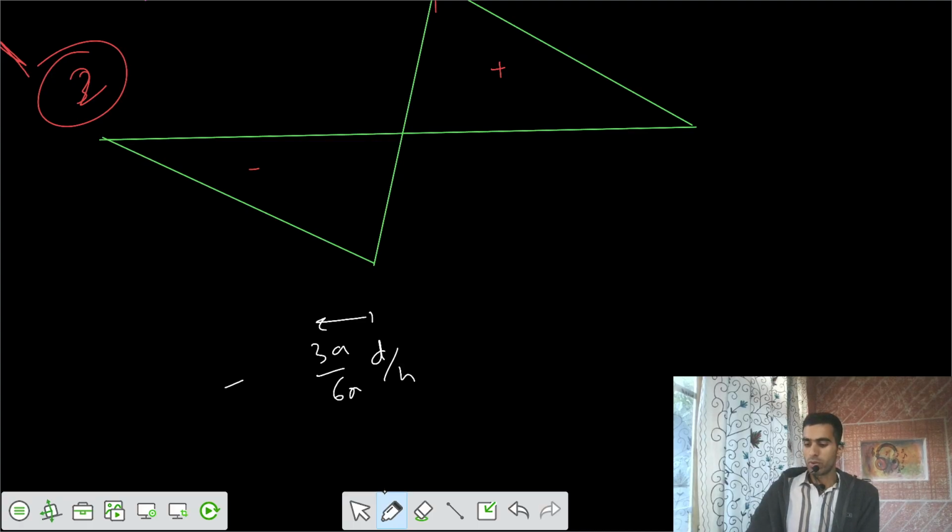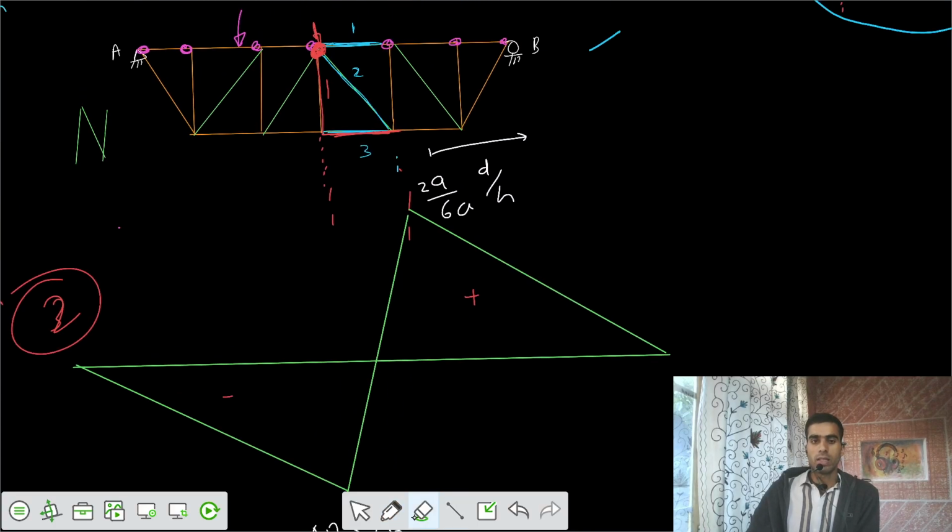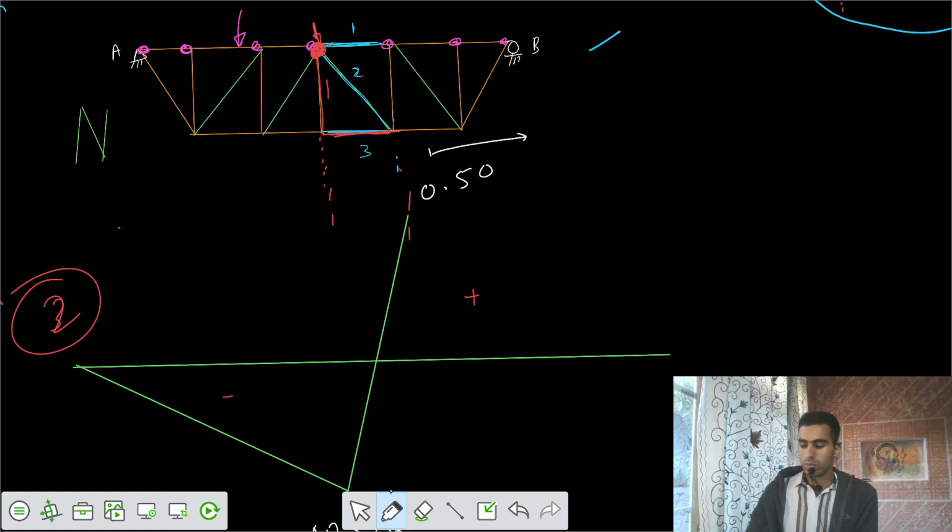You can solve those values. This value equals 0.7526, and this one equals 0.5017. Then you join that.